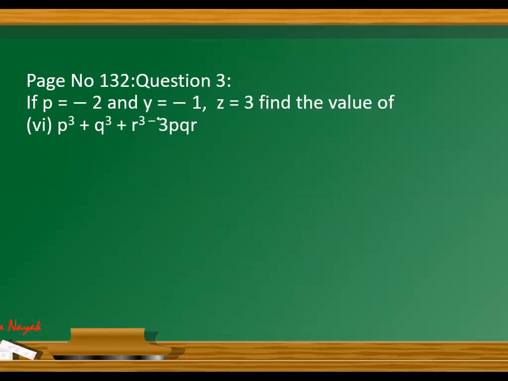Next, by mistake it was written like this, okay. P is minus 2, Q is minus 1, R is 3.